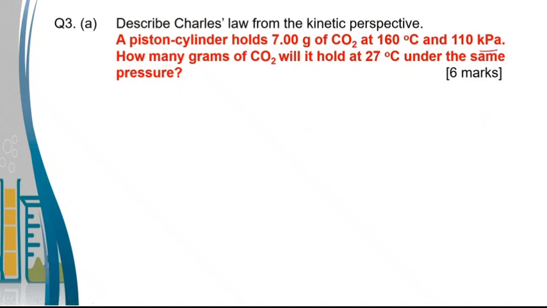Kilopascal is kilonewton per meter squared. 1 atmosphere is equal to 101.325 kilopascal. How many grams of carbon dioxide will it hold at 27 degrees Celsius under the same pressure?